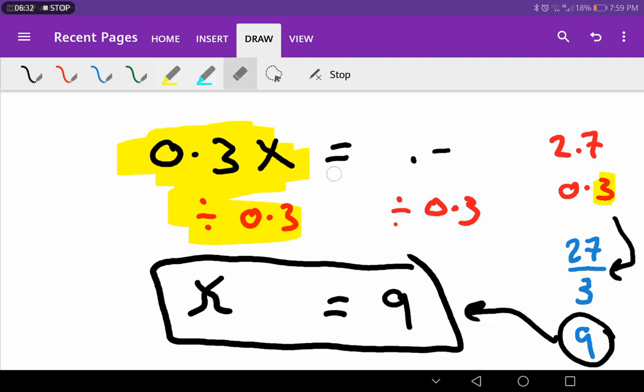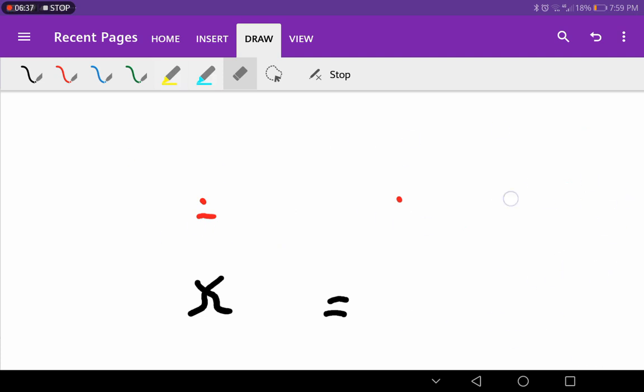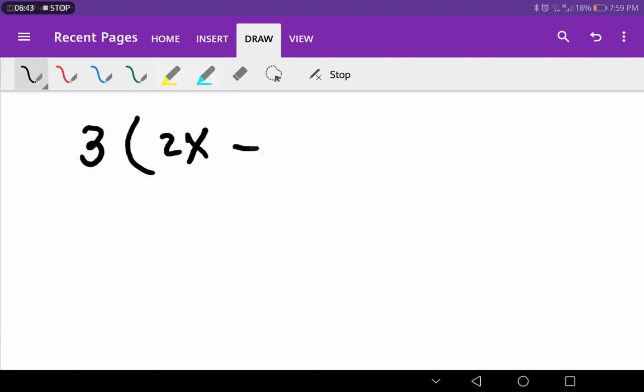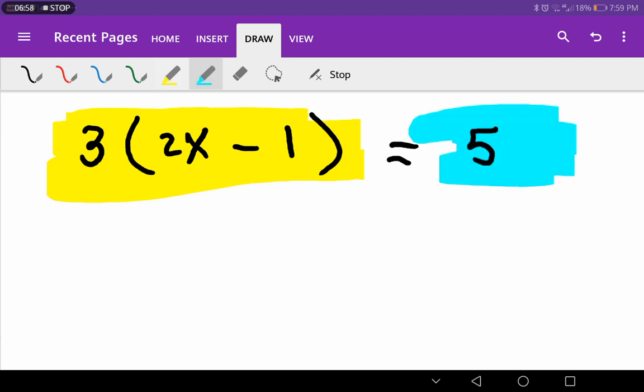Now let us move to one more equation. We have 6 times (2x minus 1), or negative 1, equal, for example, 5. Whatever. We determine the left side, the yellow side. This is Al Rabwa district and this is Al Safa district.